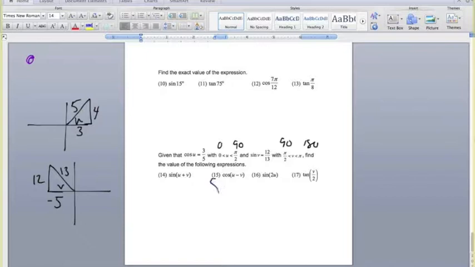And then we want to apply the formulas. So for the first one, sine of u plus v. Oh goodness. The formula is sine u cosine v plus cosine u sine v.